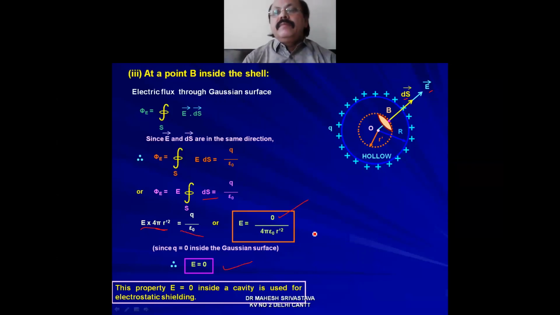So you will get electric flux here, but electric field intensity is zero inside the charged spherical shell.